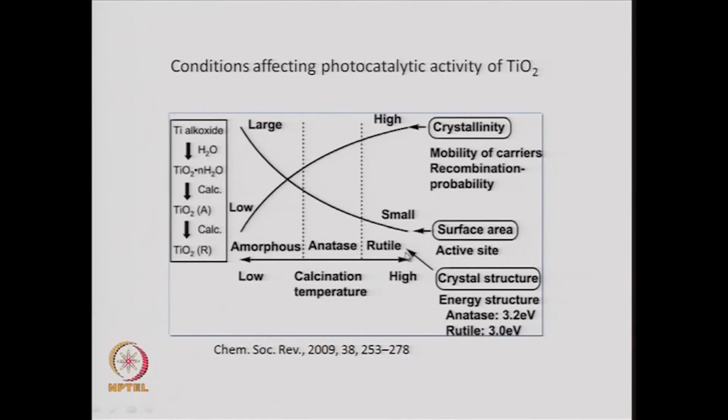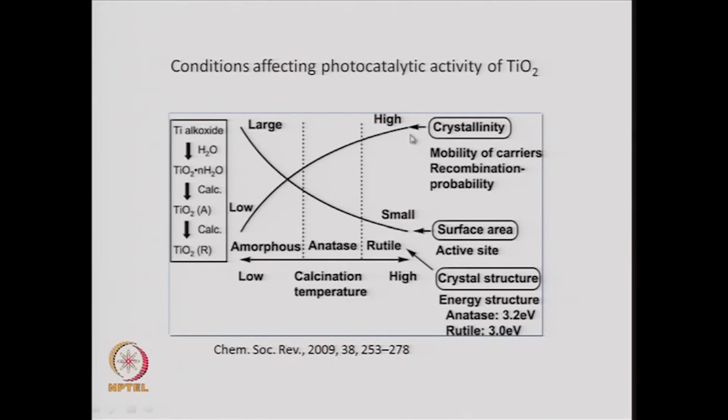So, the surface area may be low, or you may have very large surface area, both are possible, and the activity goes down if the surface area goes down. The activity will be large when the surface area is very high, and the activity will become small when the surface area is small.